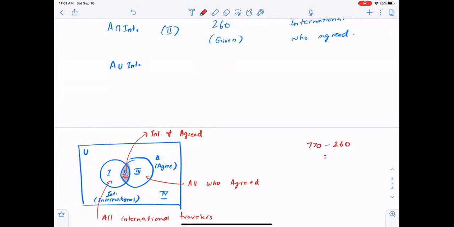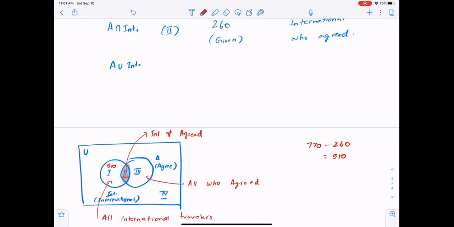And that would give me 510. Why so? If I put 510 and 260 together, I will get all international travelers. That would be 770.